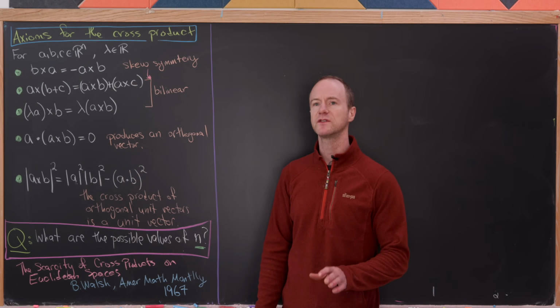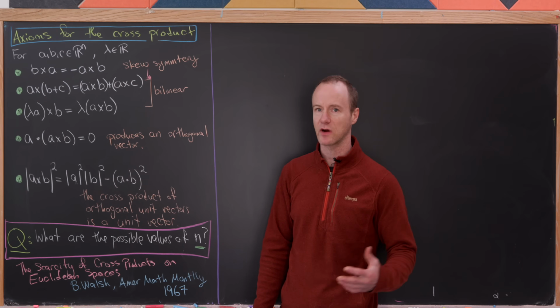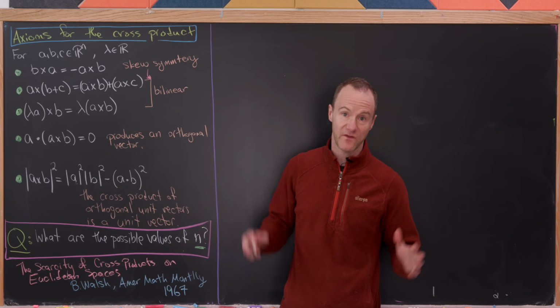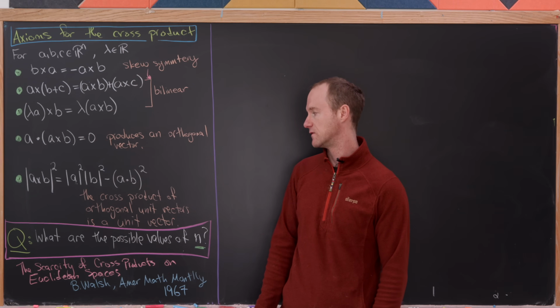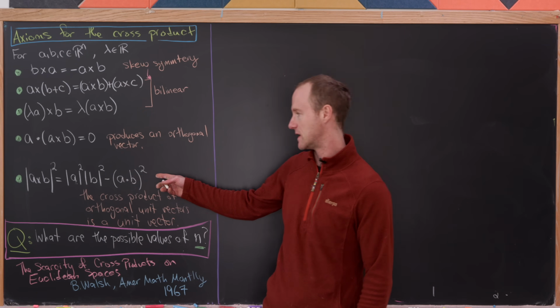And then, well, there's going to be one more axiom, which its algebraic version looks kind of crazy, but it amounts to having this fact that the cross product of orthogonal unit vectors is a unit vector. But that boils down to this statement.